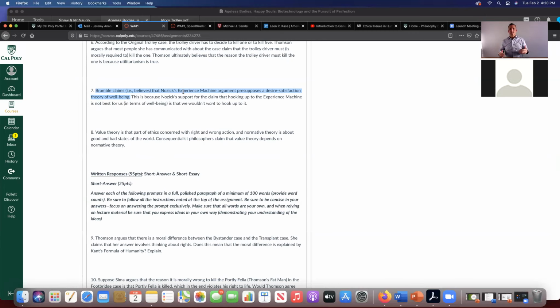One of those objections is that Nozick's argument presupposes desire satisfactionism, which then presupposes that hedonism is false. But Bramble claims that there's textual evidence that Nozick didn't presuppose desire satisfactionism in the first place.